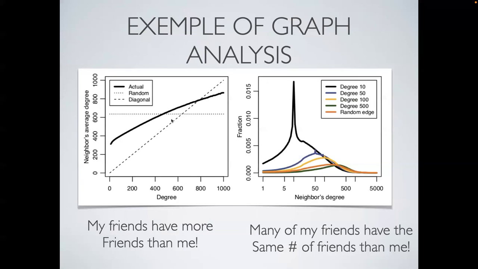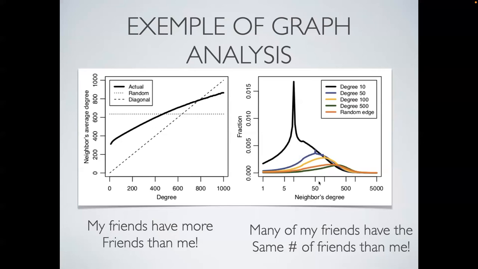This is true for nearly everyone, but of course the very popular person with a very large number of friends has friends with a little bit fewer friends than them.